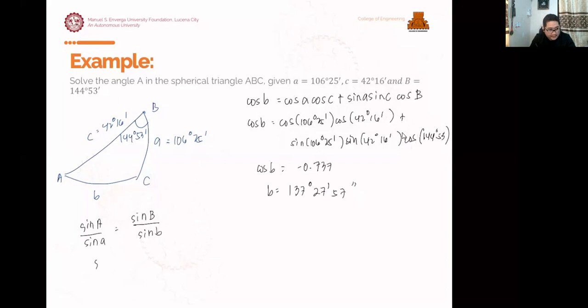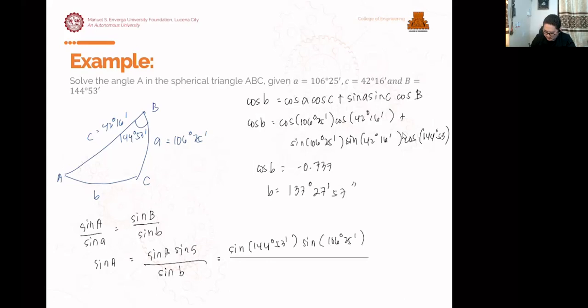So, ang hanapin natin si sine A equals to sine B, sine A all over sine B. So, we have sine of 144 degrees, 53 minutes times sine of A, 106 degrees, 25 minutes all over sine of 137 degrees, 27 minutes, and 57 seconds.